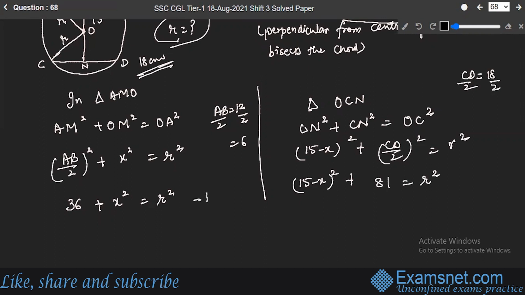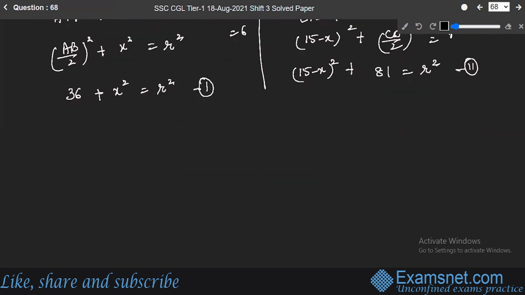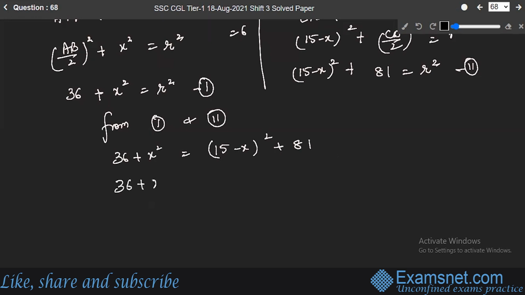Okay, so from these two equations, 1 and 2: 36 plus X square is equal to (15 minus X) whole square plus 81. So let's open. You will have 36 plus X square is equal to 225 plus X square minus 30X plus 81.